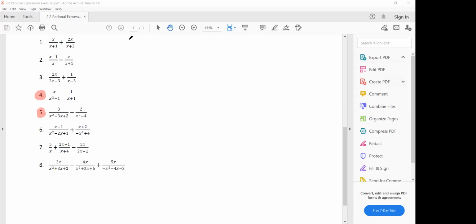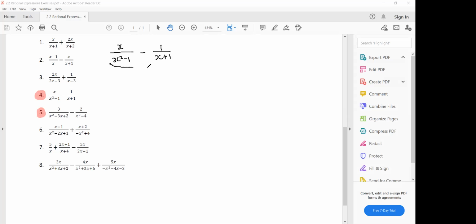Okay, let's do this. So number 4 states x over x squared minus 1 minus x plus 1. Step 1, just as before, I'm going to factor everything in hopes that it will make my life a little bit easier. And I hope you understand why I'm doing that.